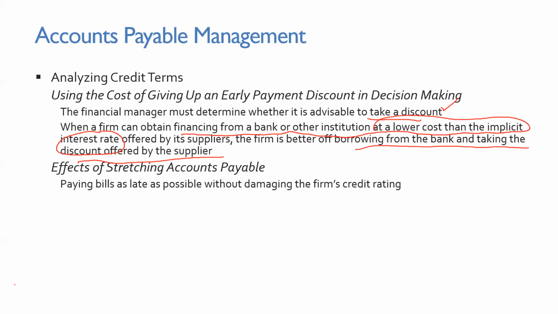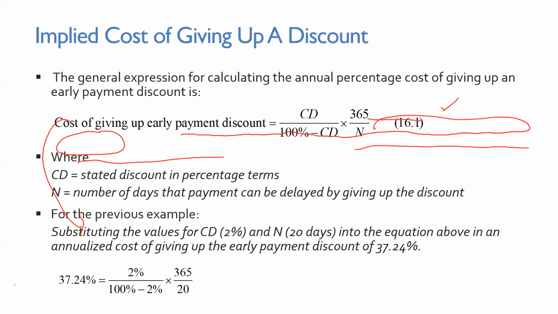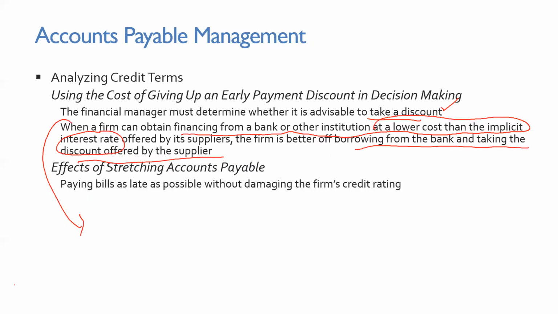Okay? So yung atin kanina, ano ang cost nun? 37.24%, right? That is the cost of giving up the discount.